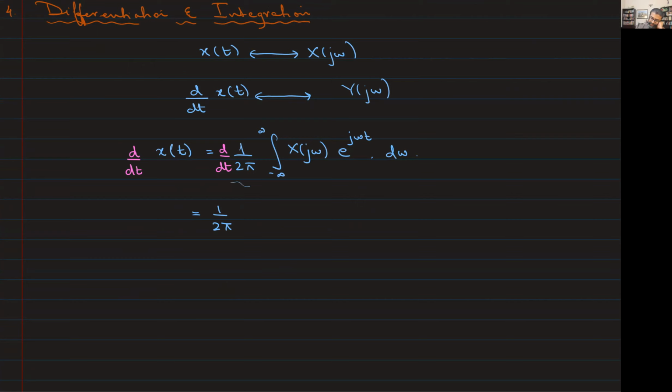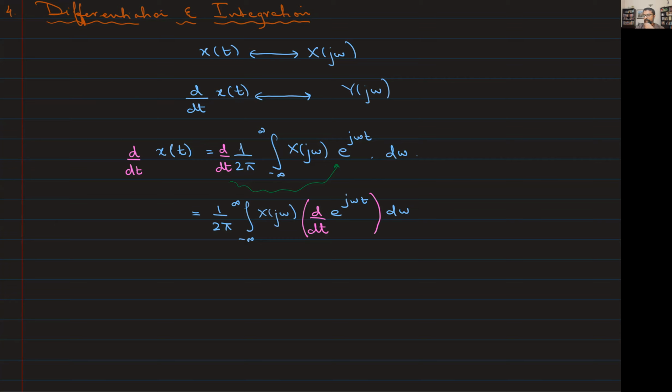The only thing that's a function of t in this entire expression is e raised to power j omega t. So this is equal to the integral from minus infinity to plus infinity of x of j omega times the derivative of e raised to power j omega t. This is what I differentiate, and the integral is with respect to omega, so that makes no difference.